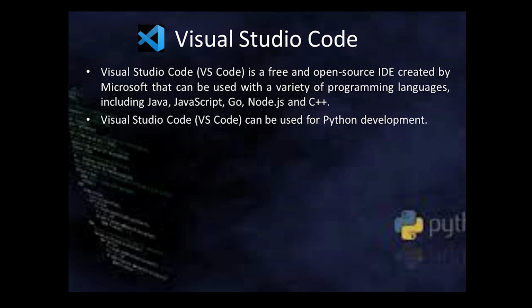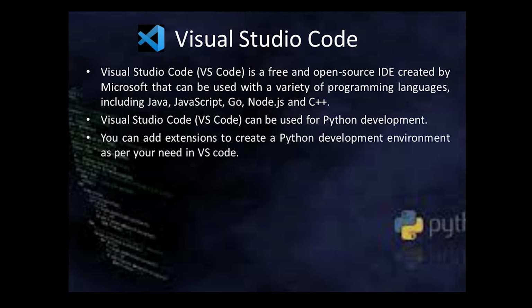You can add an extension of Python and then you can use Visual Studio Code for Python development also. That's what today I'm going to show you: how to download, install, and how to add this Python extension. You can add extensions to create Python development as per your need in Visual Studio Code.